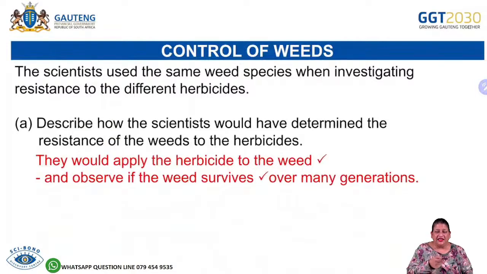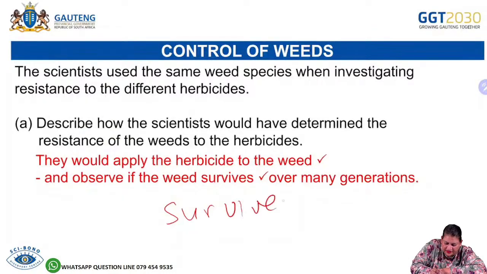But if it does not survive, it means it is not resistant. Do you understand, learners? So when you resist something, you're fighting back. Okay, so they would apply the herbicide to the weed and observe if the weed survives.